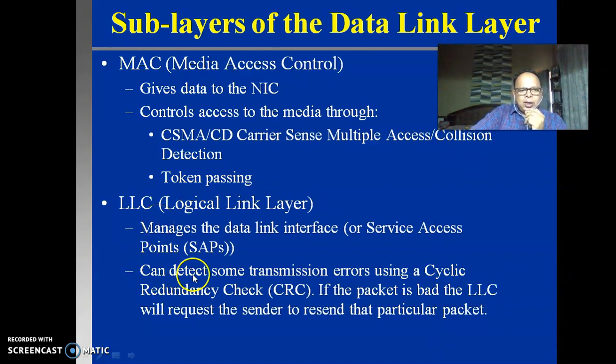The other part of the data link layer is the logical link layer, which manages the data link interface, through a process called SAP, Service Access Points. We'll see this in detail. It can detect some transmission errors using a method called cyclic redundancy check. This method is based on division.